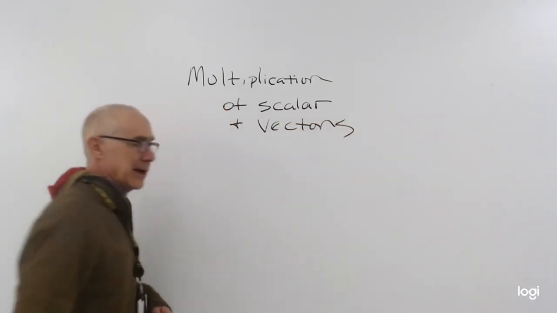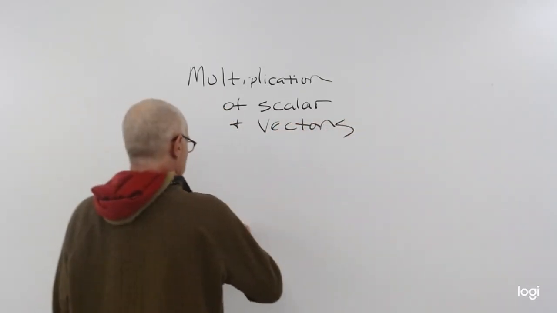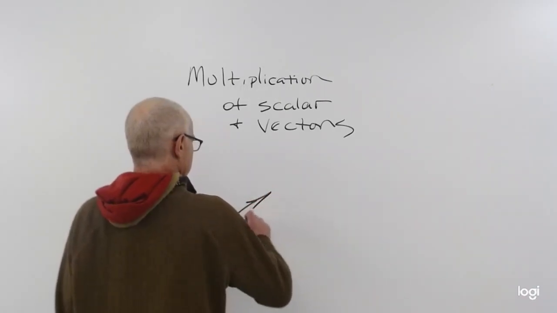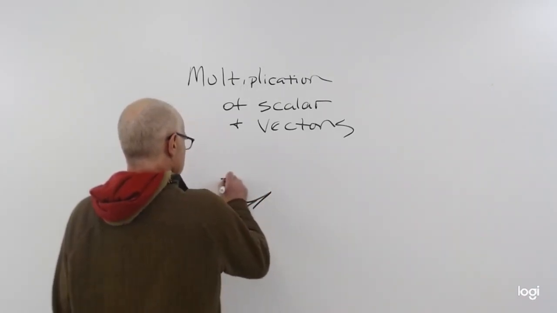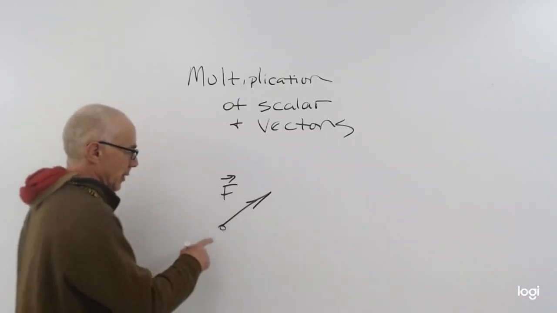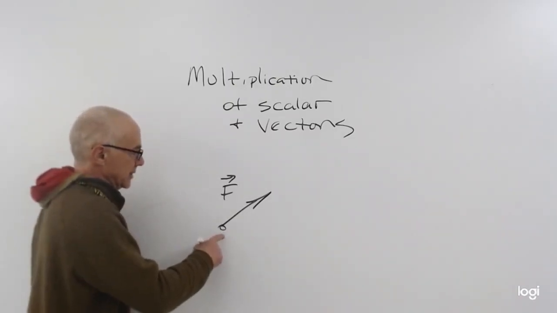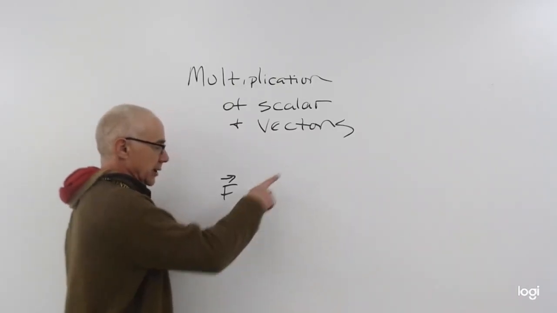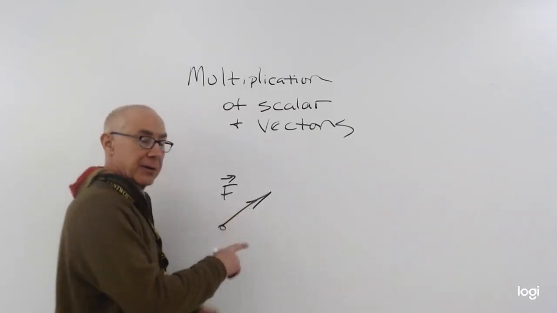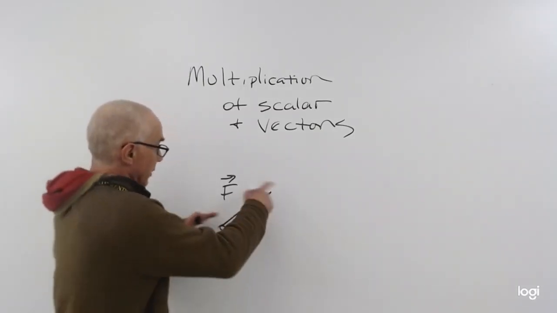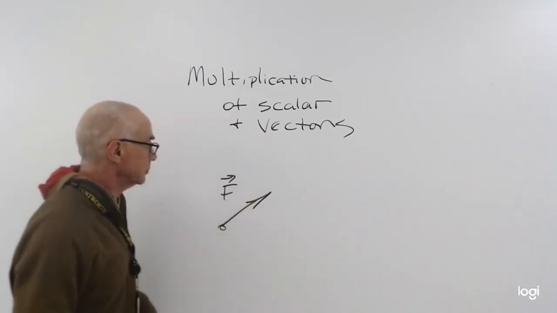All right, so imagine we have a vector we're going to call F, and remember again, this is the tail, the head, and the arrow is telling you whether it's going in this direction or the other direction.